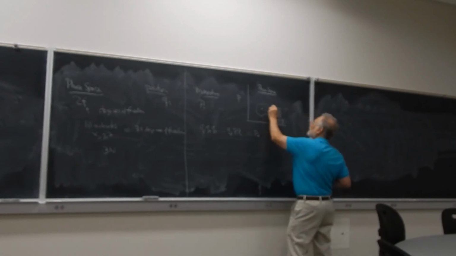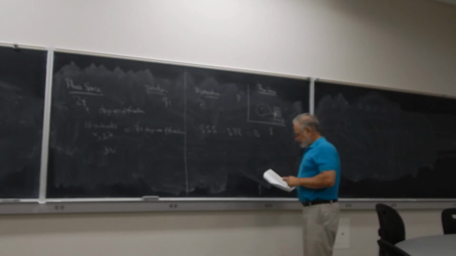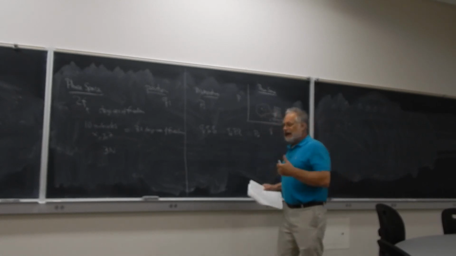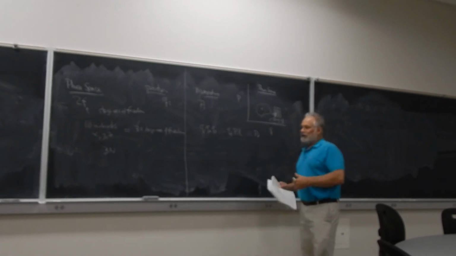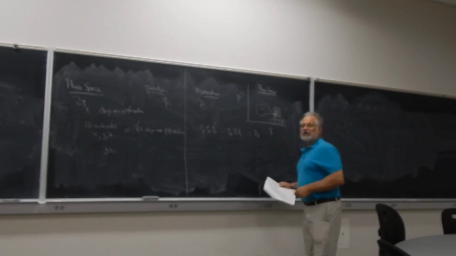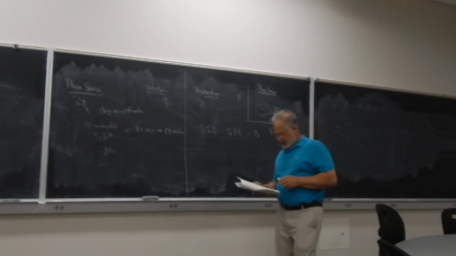For now, though, we're just going to consider a classical phase space, and I'm going to ultimately derive a theorem called Liouville's theorem, which will describe the motion of this cloud in phase space.